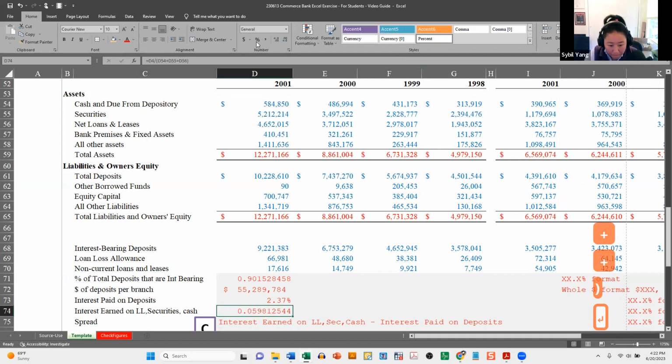And this is how much money I am making off of whatever I'm investing in, be it bonds or securities, or the loans that I'm putting out, or if I'm earning some interest on the cash that I'm holding also. This is also decimal points.